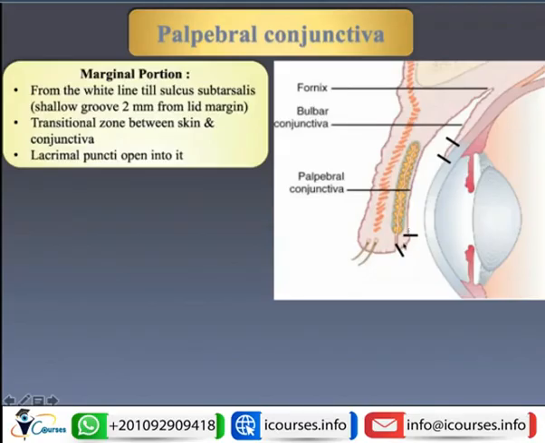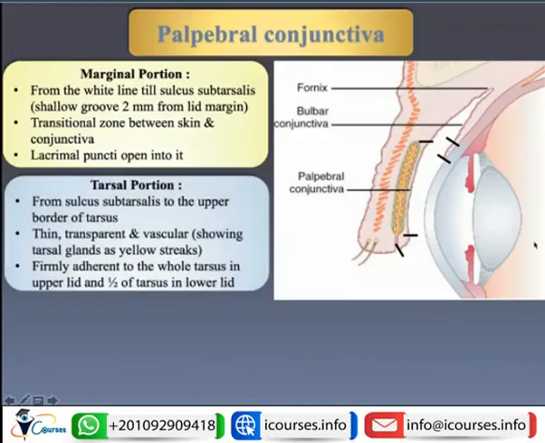It is situated between the white line, which is the orifices of the meibomian glands, and a shallow depression in the inner surface of the eyelid called the sulcus subtarsalis. This is a very small area, called the marginal conjunctiva, which shows the transition between the eyelid margin and the palpebral conjunctiva, and the lacrimal puncti open into it.